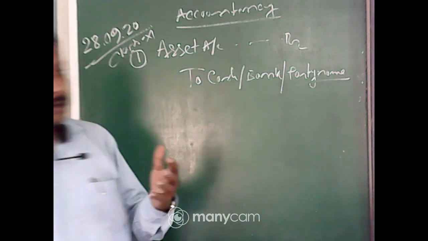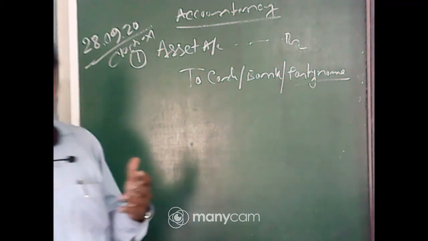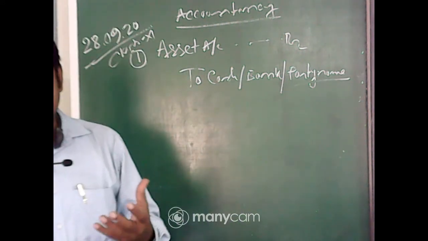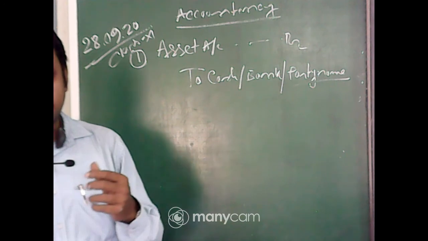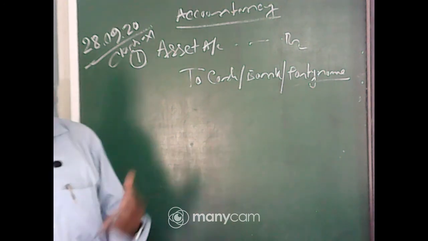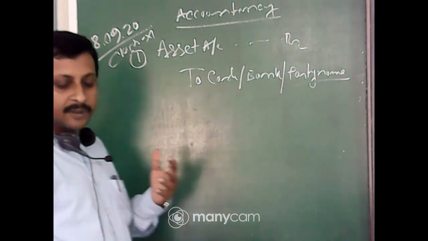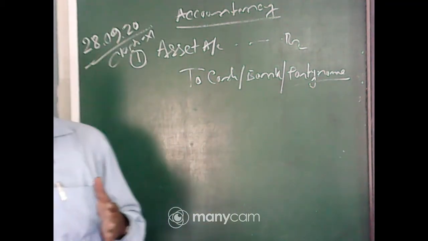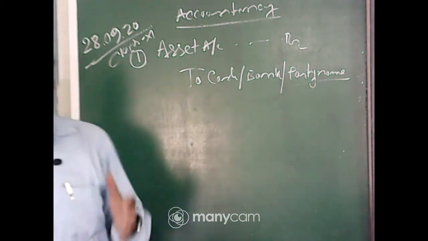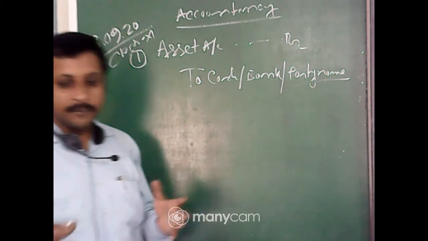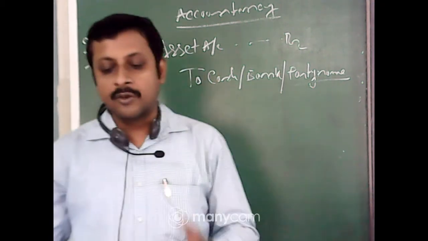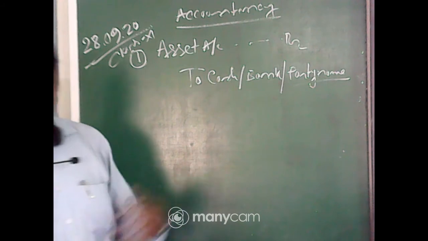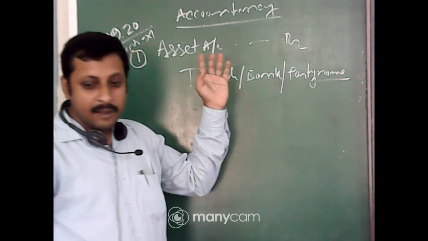The installation cost too: whenever you purchase machinery, you cannot use it just like a chocolate, where you purchase it and start eating. Machinery parts come through transportation and then you have to install them. That expense and installation cost should also be included in the asset value.